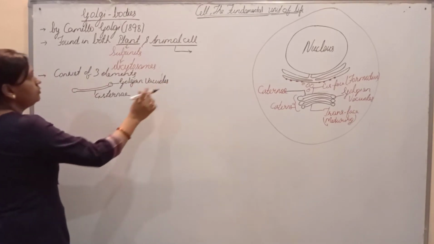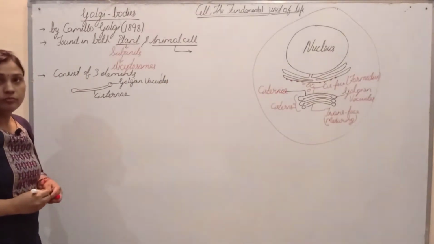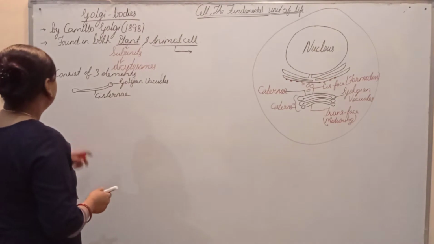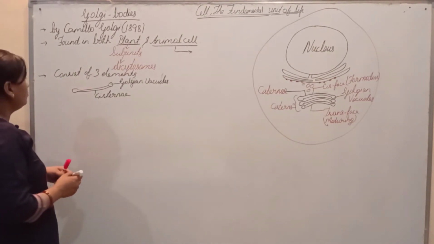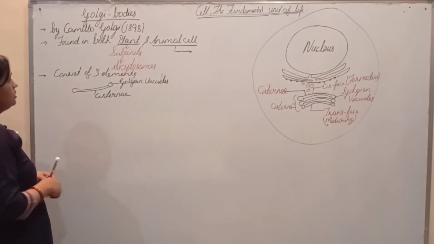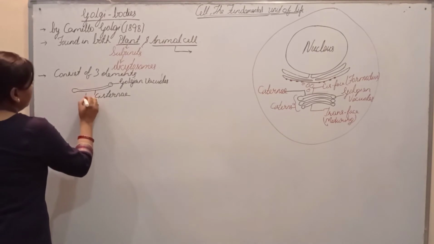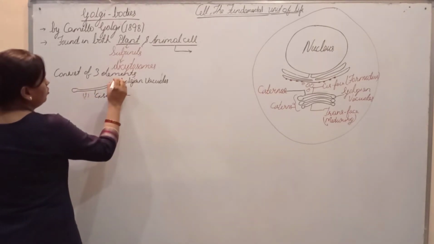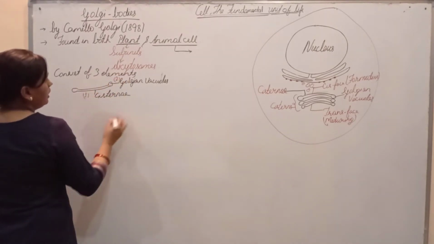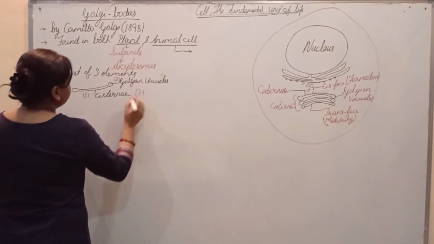Vacuoles are responsible for secretion. So the first element of the Golgi body is cisternae, the second is Golgian vacuoles, and the third one is vesicles.